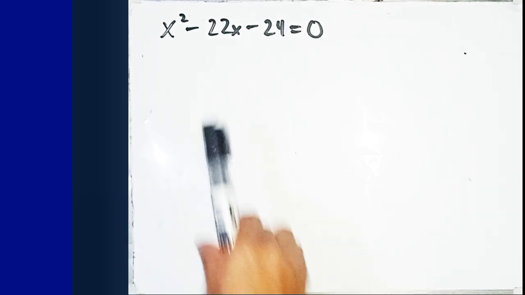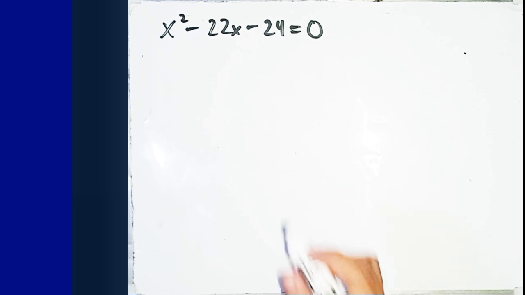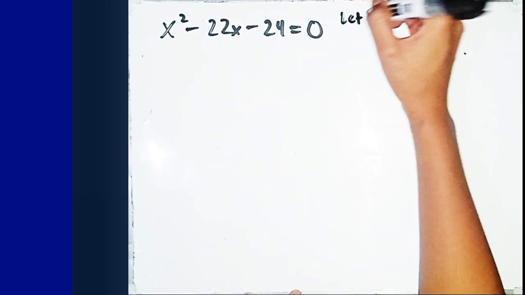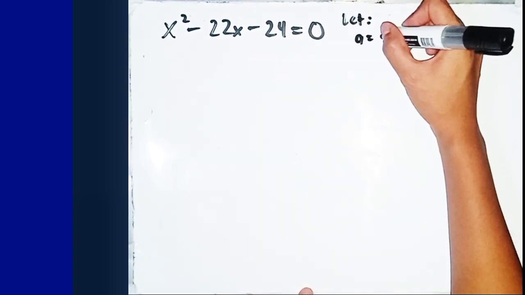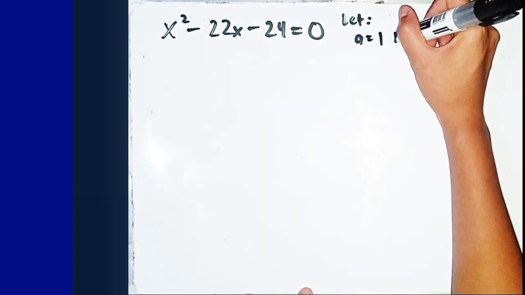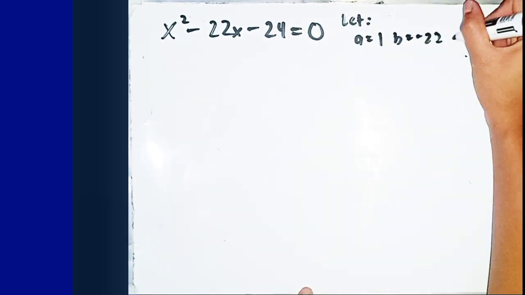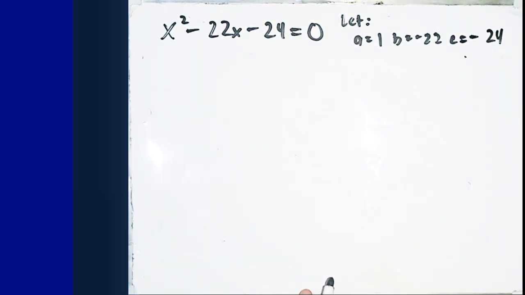So now we will be solving for x using the quadratic formula. So again, what is the quadratic formula? But first, let us assign variables. So a would be 1 since there is no coefficient, b would be negative 22, and c would be negative 24.